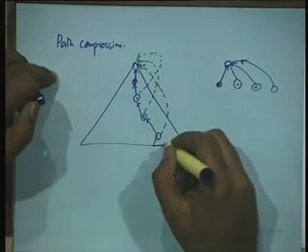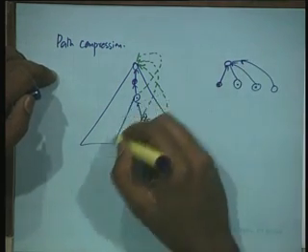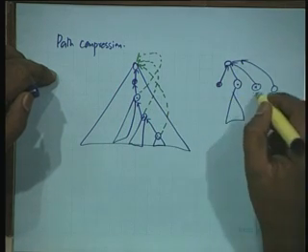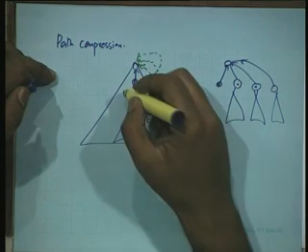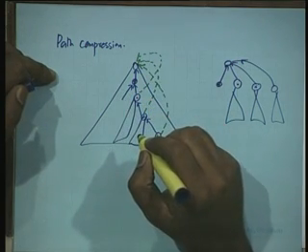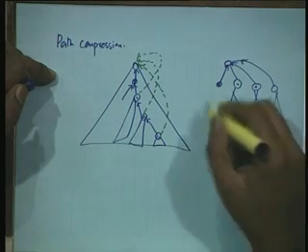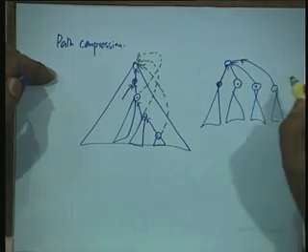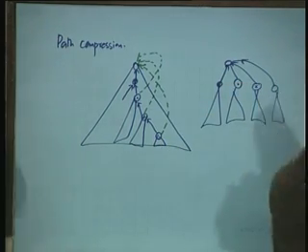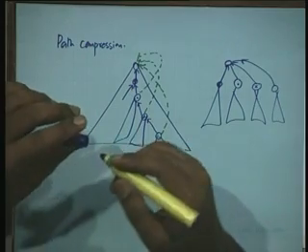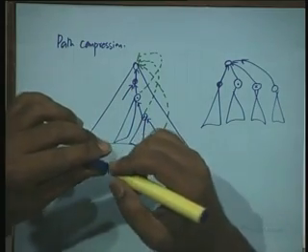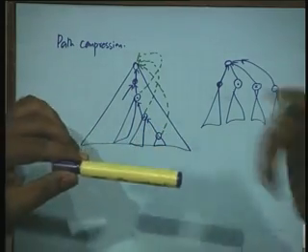Of course, there are subtrees hanging down here, they will continue to hang down here, right, because there could be other nodes pointing to this. So what are we doing as a consequence of this? We are bringing the nodes closer to the root, thereby reducing the height of the tree, and that reduces the time required to do your find.